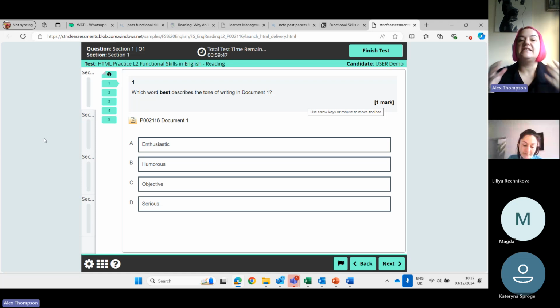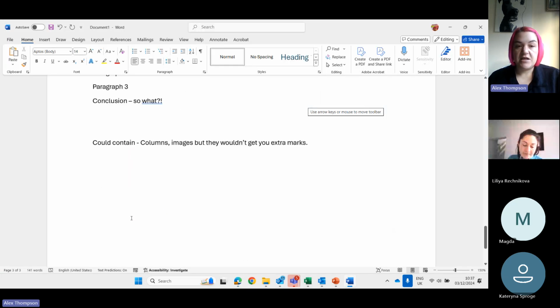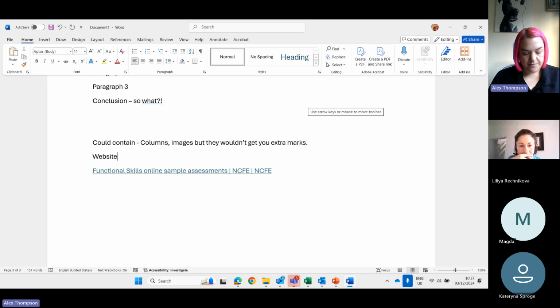These are just examples so that you can see what the exams look like. But if you press finish test, you will not get a result. Nobody will see it, and I cannot recover your answers. So if you do choose to do these, let me know and just copy and paste your answers into like an email and I'll mark it for you. More than happy to do that.